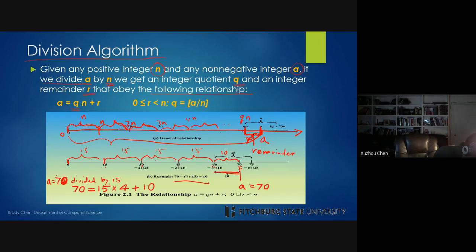So 70 divided by 15, you get a quotient of 4. That's the number of 15 segments, plus the remainder 10. Now, if the number a is 60, and we try to divide 60 by 15, then what's the remainder?